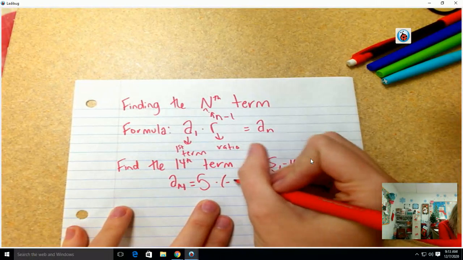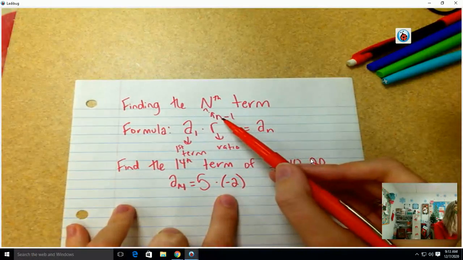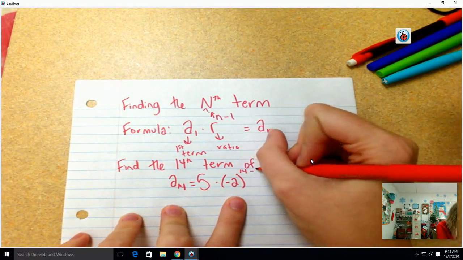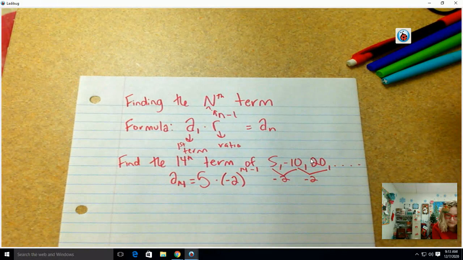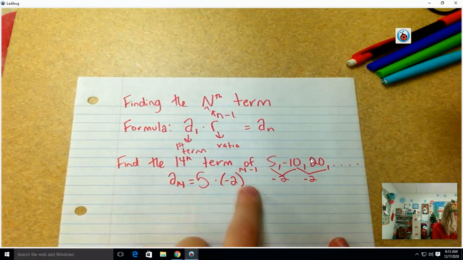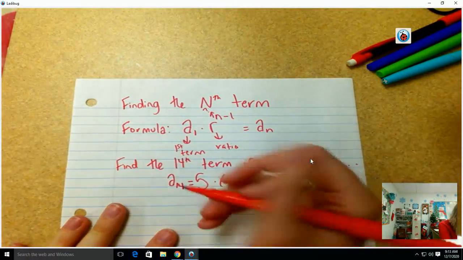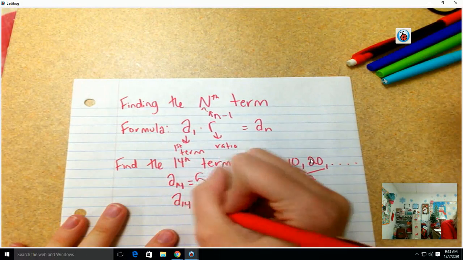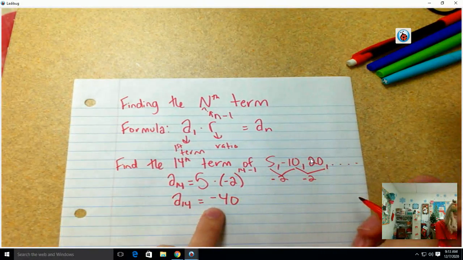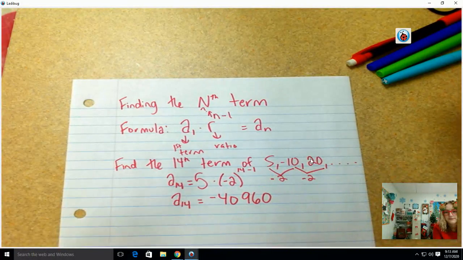So we use parentheses, negative 2, and then the exponent is 14 minus 1. Then you plug all of this into your calculator exactly as you see it, making sure you put parentheses around your negative 2. That's going to give you A14 equals negative 40,960.